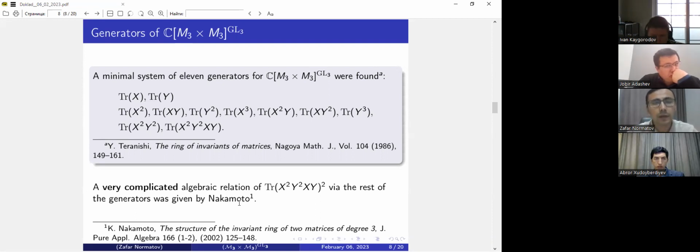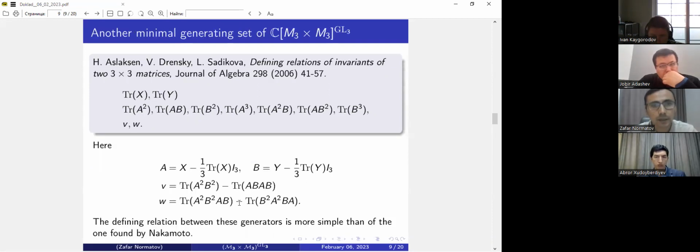But we also have another result, which is another minimal generating set for this algebra. Drensky and Sadikova found in their paper the following minimal generating set, where A and B are the traceless versions of X and Y. So what they did is they just replaced X and Y with their traceless versions.